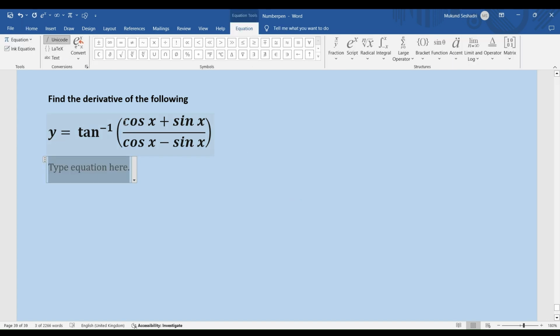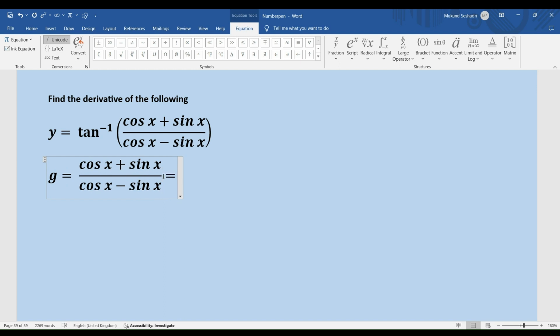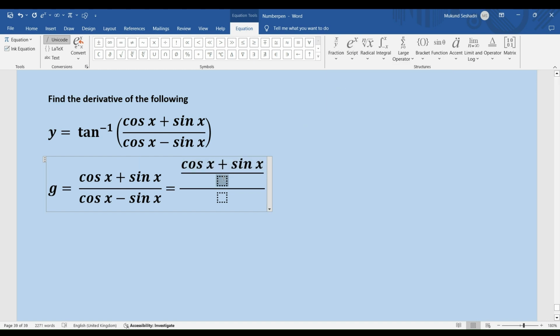I'm going to pull out the inner expression and let me call it, say, g. Now, if I want to bring tan into this particular expression, take a close look. If I divide the numerator and the denominator by cos x, what do I get? I get cos x plus sin x divided by cos x, and similarly cos x minus sin x divided by cos x.